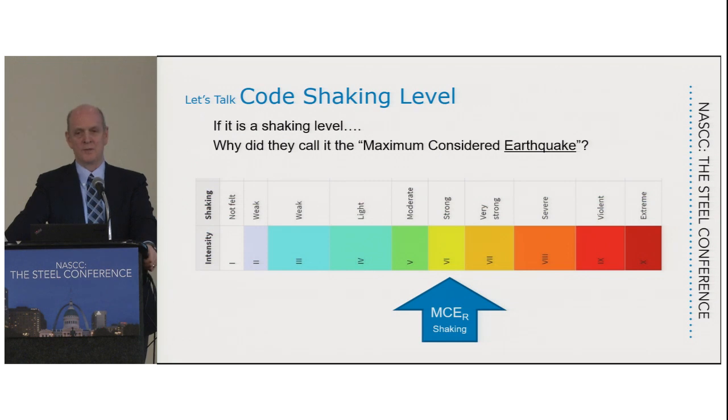And I encourage every engineer in this audience, online, and those that hear this after this presentation, to never use MCE alone, but always add the words shaking intensity, response acceleration, ground motion, to clearly indicate to the public that we are designing to a ground motion and we are not designing to an earthquake.